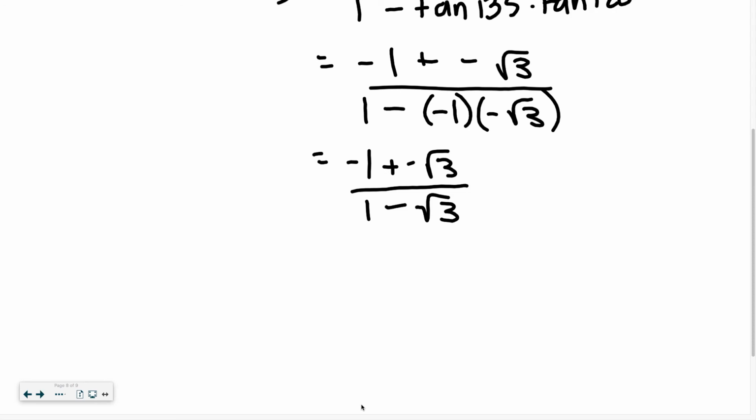So to rationalize, you're going to use the conjugate. How will you get rid of the square root of 3 in the denominator? Multiply by the conjugate of whatever the denominator is. If you need to write that in the notes, you are multiplying by the conjugate, 1 plus square root 3. And I have to do that in the top and the bottom, because I've got to multiply by a well-chosen 1.